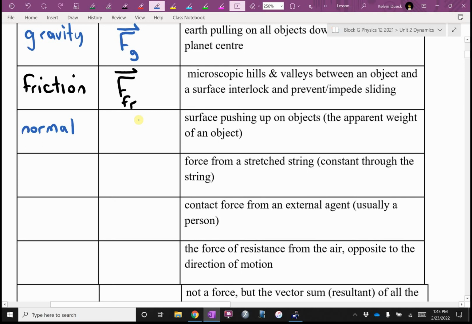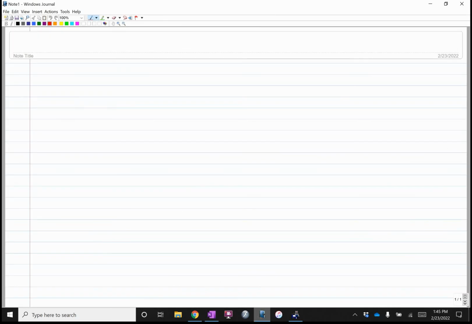I'm going to use that, F with a subscript N. Maybe I told you this story last year. There used to be a provincial exam for Physics 12. And so kids would write the exam in June, and then the first week of July, a bunch of us teachers would get together at SFU and mark the exams, and I was on the exam marking committee for a couple of years.